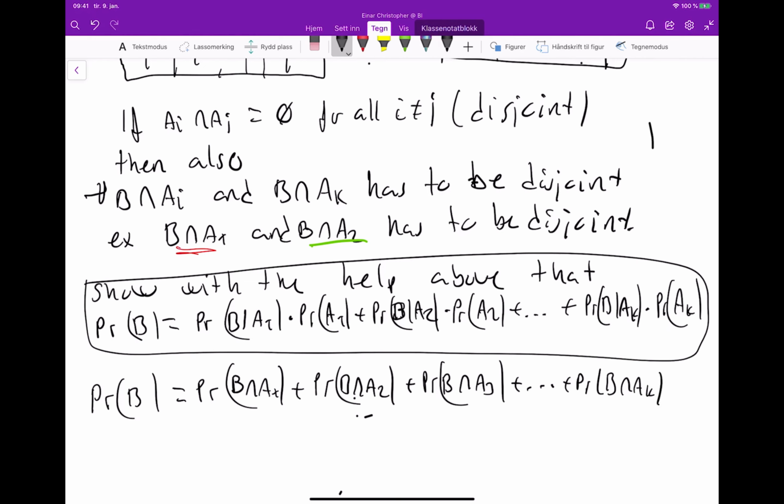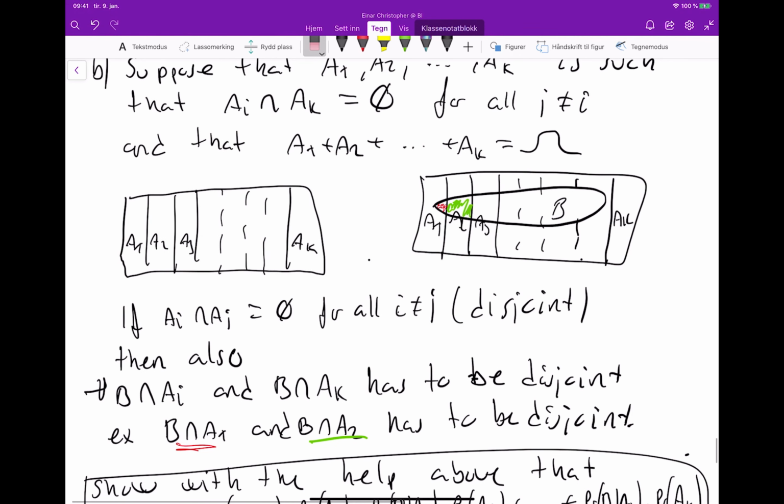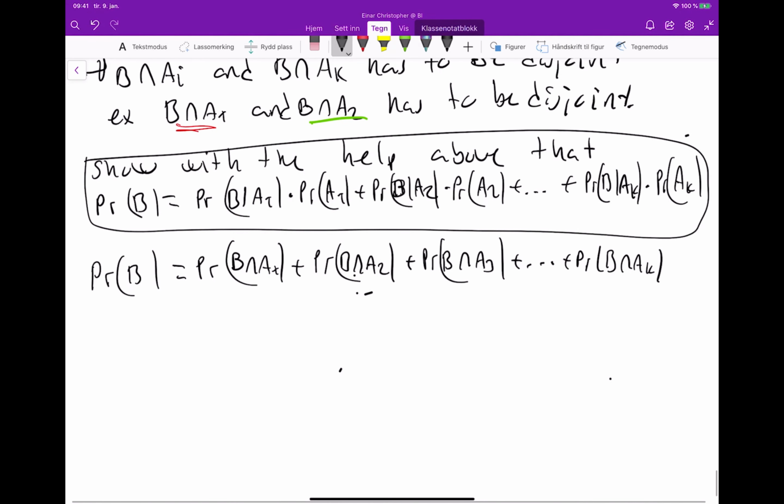Why is that true? Let's look at the drawing. The probability of B is this black one here, and we can say that B is the same as the red one, which is B and A1, plus the green one, which is B and A2, and then go on with B and A3, B and A4, until B and AK. That's correct, that's for sure.